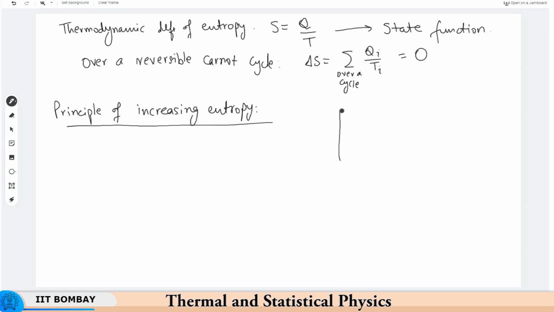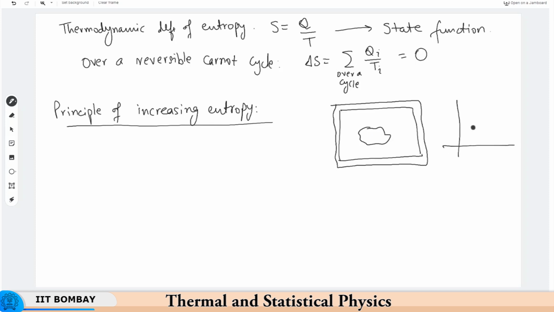We thought that, say we have the complete universe. You have a certain process going on inside the universe such that it is a cyclic process, but the process that happens from 1 to 2 happens irreversibly, and when it comes back it happens reversibly.